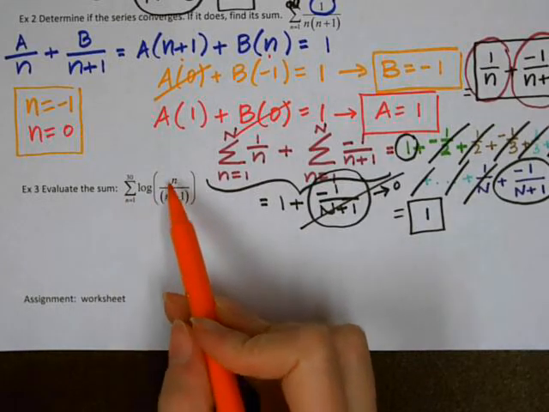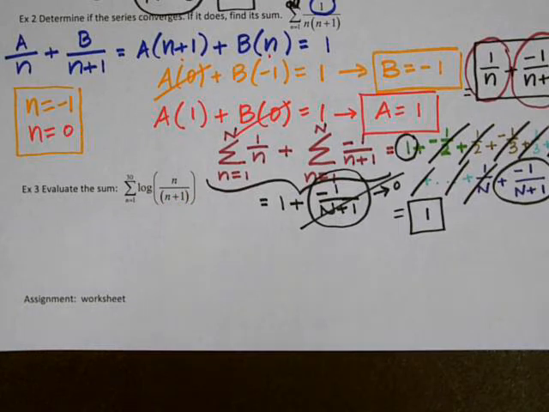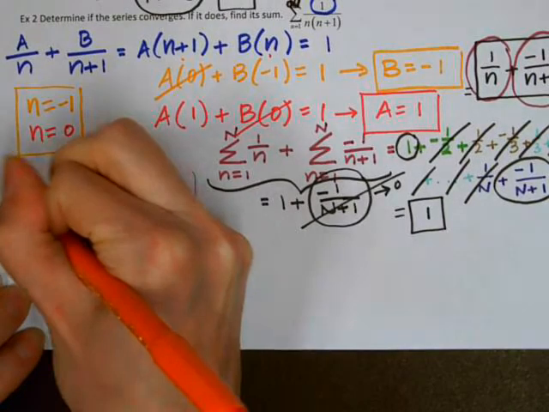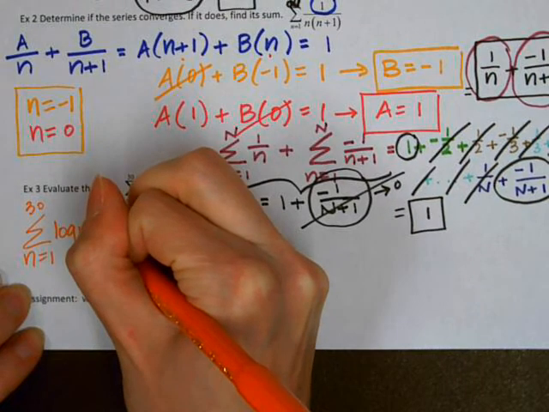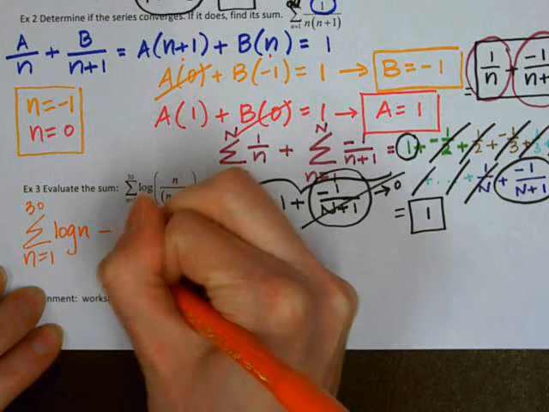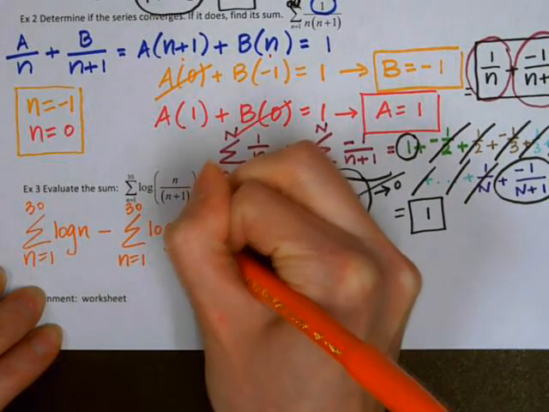If you have the log of a quotient, let's break it up into the difference, right? You subtract. So this is going to be the sum from n equals 1 to 30 of log of n minus the summation from n equals 1 to 30 of log of n plus 1.